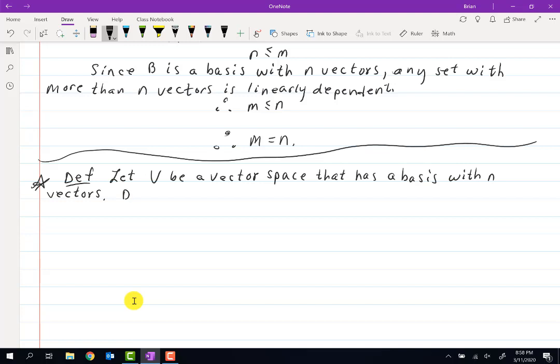Define the dimension of V to be n. In symbols, we use this notation, dim V equals n.